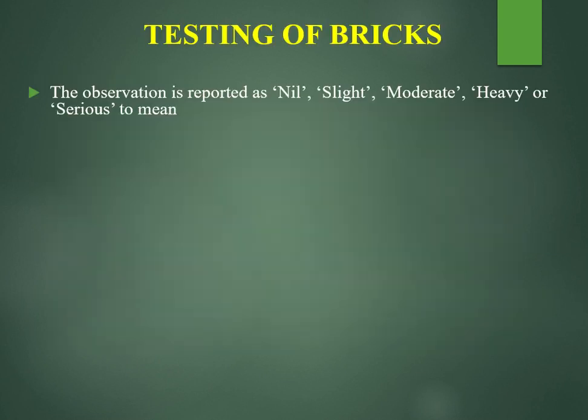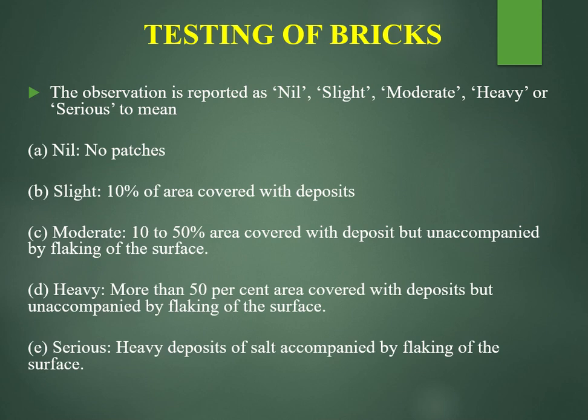This efflorescence can be reported in many ways, from nil to very serious. If no patches are observed after two evaporations, it means there is absolutely no presence of salts, especially in the brick actually.